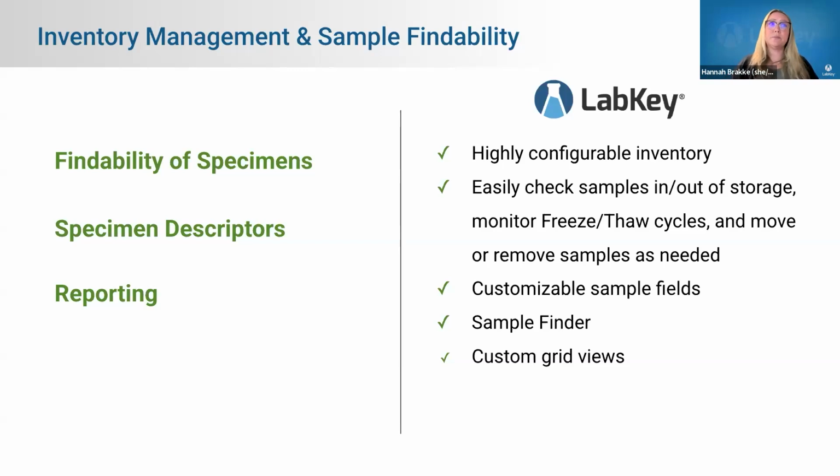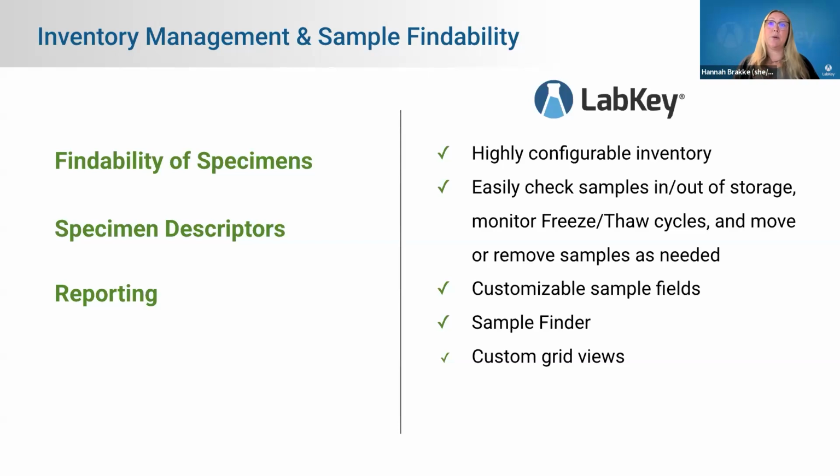And then lastly, around reporting, being able to use Sample Finder, which is LabKey's version of a search tool that makes it very easy to locate specimens by any field. So either by location or status, participant ID, other metadata such as what tube type or how many aliquots are left can help people more easily identify samples based on metadata rather than location or ID.